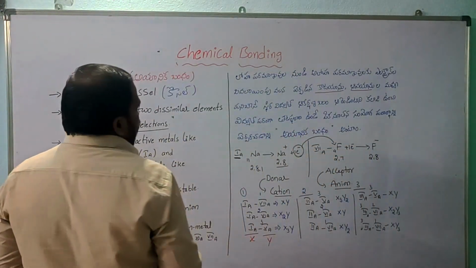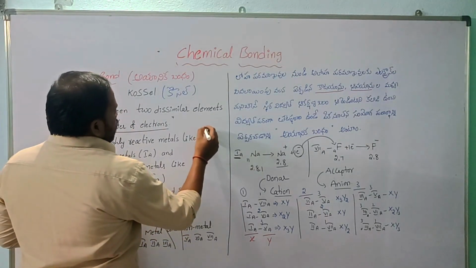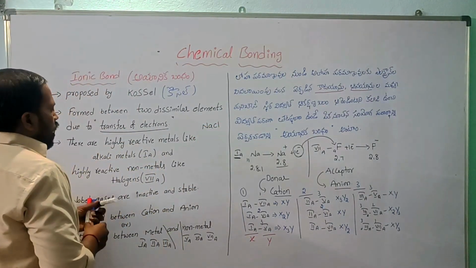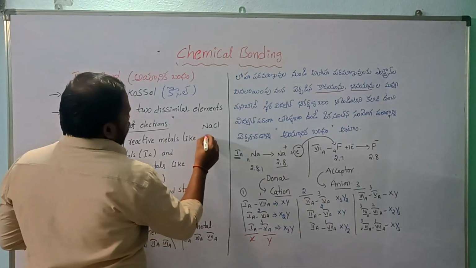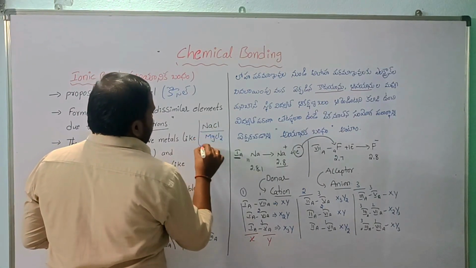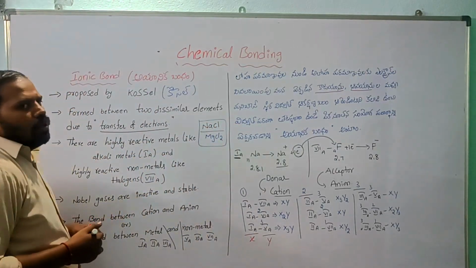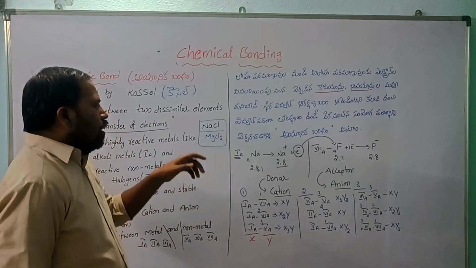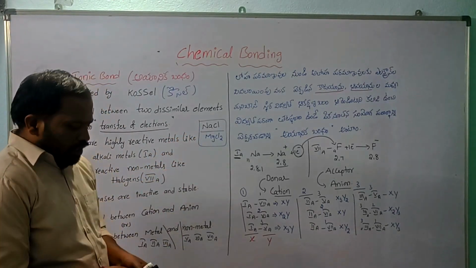Like that, they will ask the question, as in NaCl and MgCl2. In this, which will form the stronger ionic bond, NaCl or MgCl2?